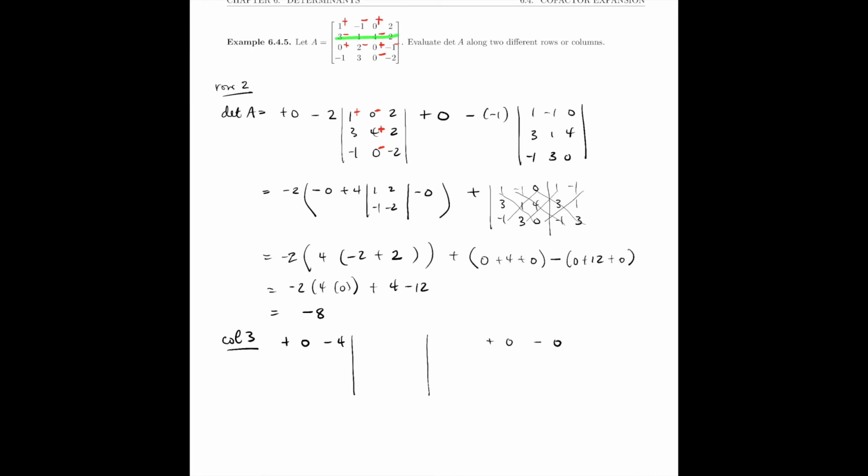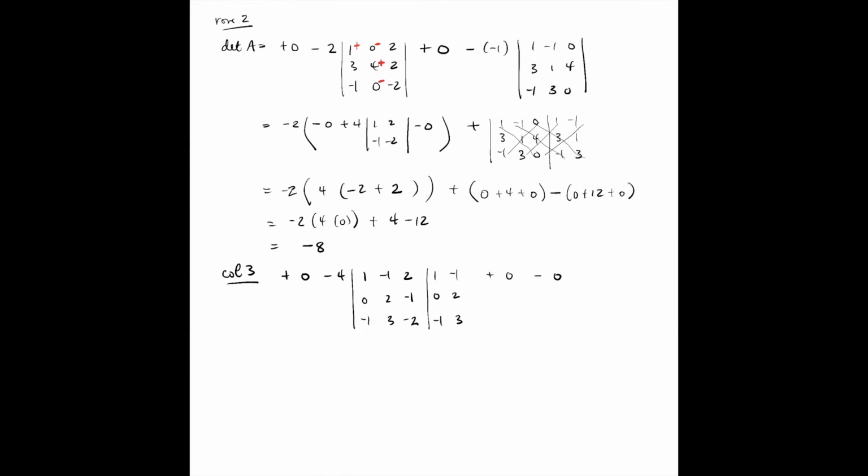And so if we delete the row and column of this entry, we have 1, minus 1, 2, and then 0. I always have trouble picturing this. So 0, 2, minus 1, 0, 2, minus 1, and lastly minus 1, 3, minus 2. Boom. Okay, so we copy those first 2 columns.